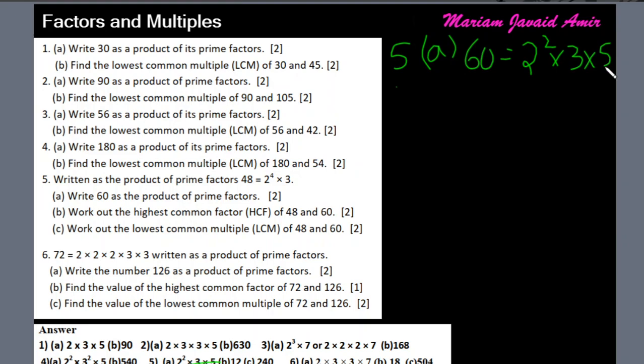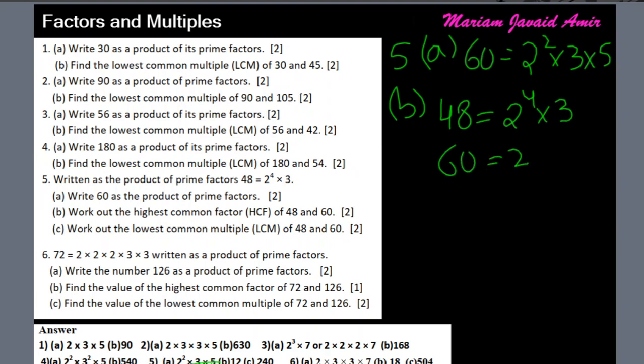Okay, part B, work out the highest common factor of 48 and 60. Let's use the factorization method. So we already know 48 equals 2 power 4 times 3, and we also know 60 equals, make sure to write 2 underneath 2, 3 underneath 3, and then 5 over here.